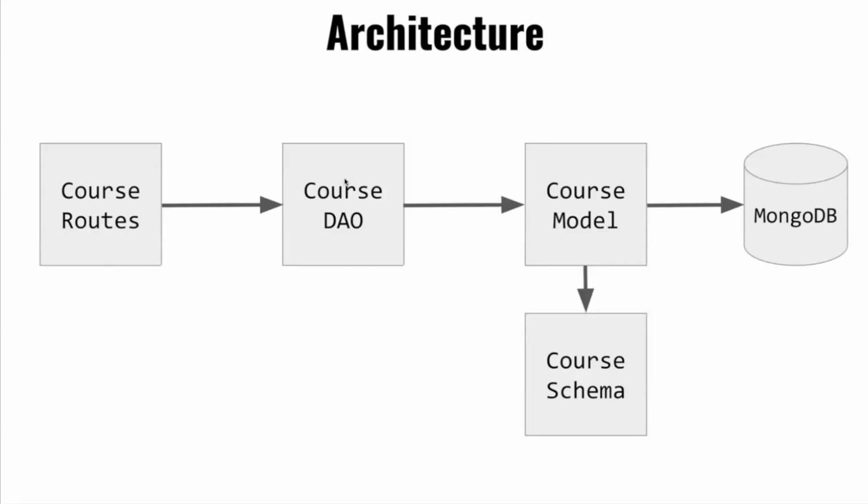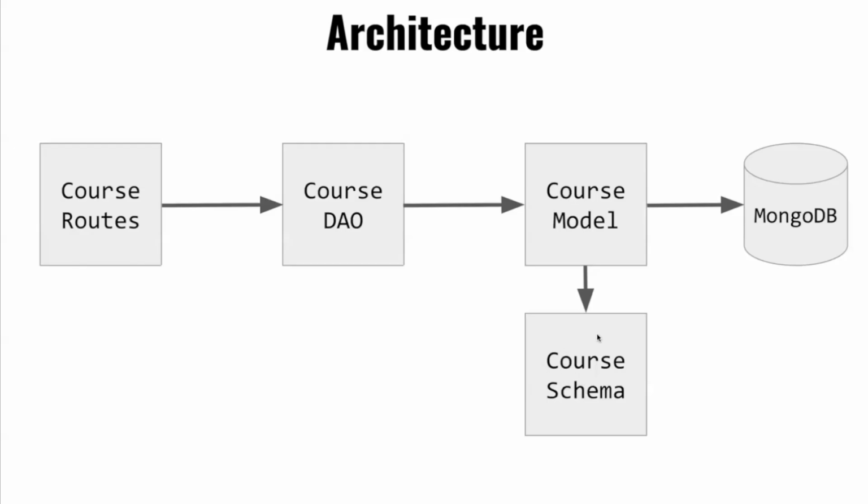The DAO is then responsible for all the data access and manipulation with the data layer, and it uses the models, Mongoose models in our case, which provide the low-level API to actually send and manipulate the data in the database. The models typically use a schema that declares the structure of whatever it is that you're manipulating.